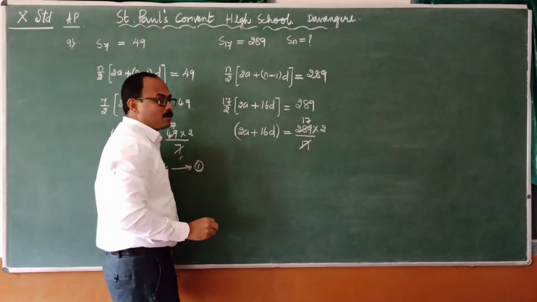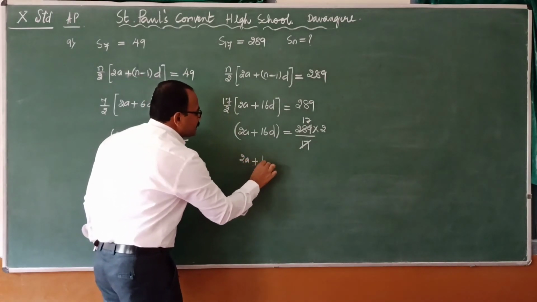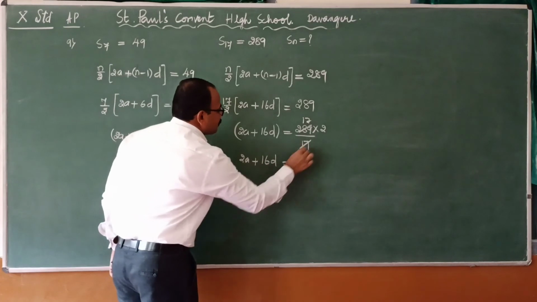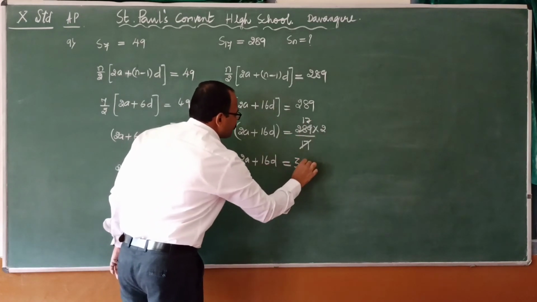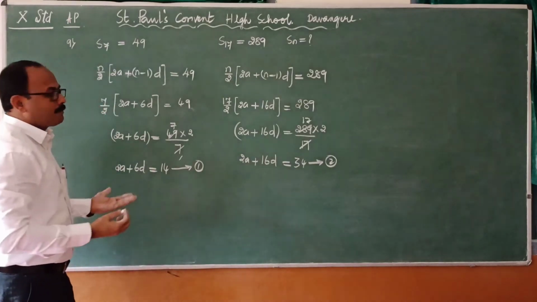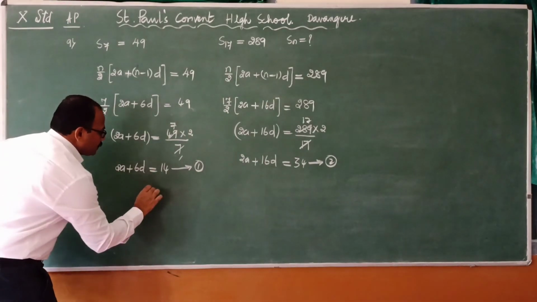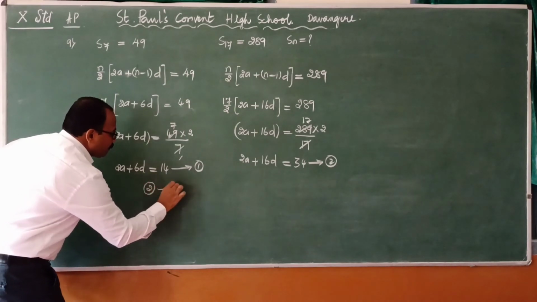Square numbers you must know, children. Therefore, 2a plus 16d will be equal to 34, equation 2.